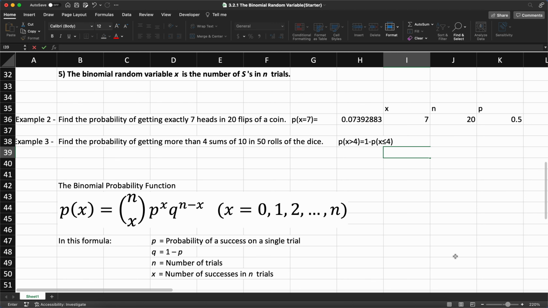And so x is going to be 4, n is going to be 50, and now I have to remember what the probability of rolling a sum of 10 is. Now, if you remember, do you remember our table from our problem set?